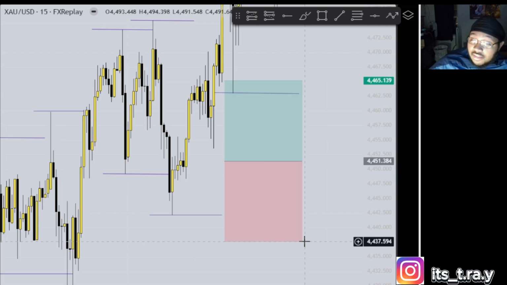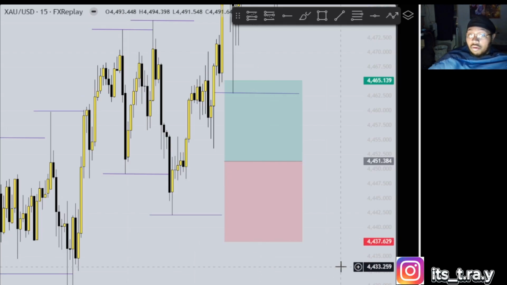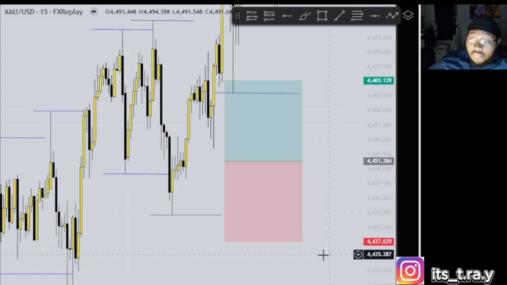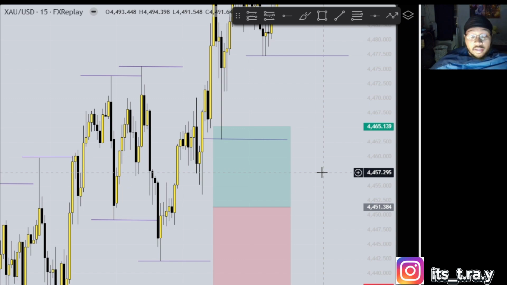So if price comes down and goes past this or taps the bottom of the red box, it's getting you out of that trade, and you'll lose however much you were risking. Versus at the top of the green box, if price goes up and hits it, it'll take you out at however much you were projected to make.